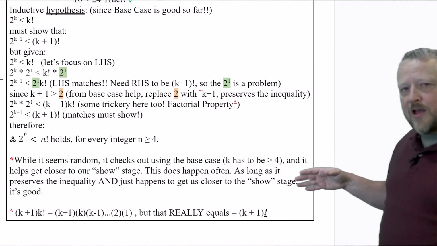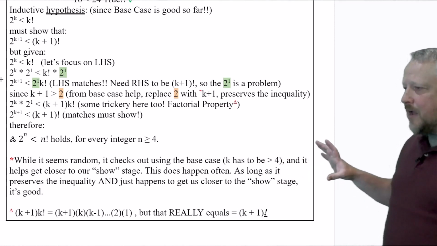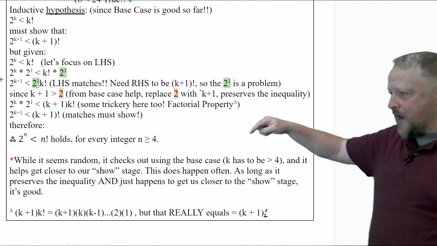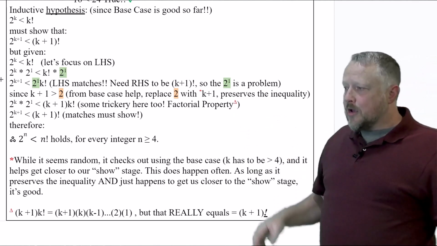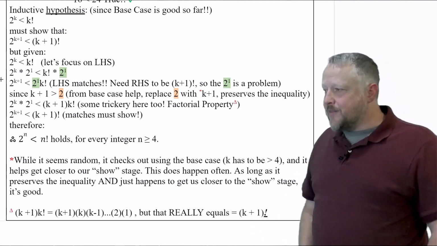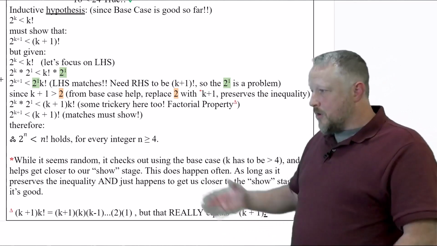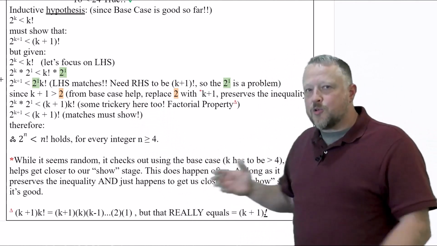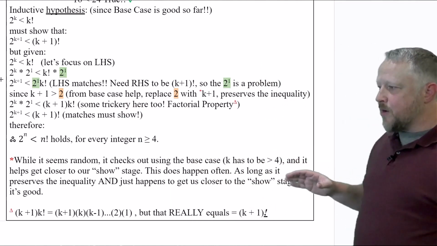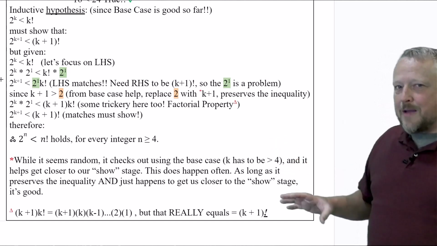So if there's anything that you have any reservations about, while it seems random, if our k has to be greater than 4, then we know our k plus 1 is going to be greater than 2. In no case is it not, because again, 4 plus 1 is 5, which is greater than 2. So we knew that's going to happen, that we can get away with that. So I just wanted to make sure you understand that part too.